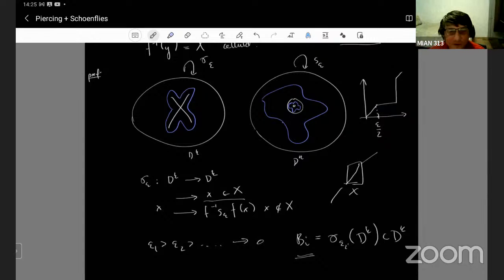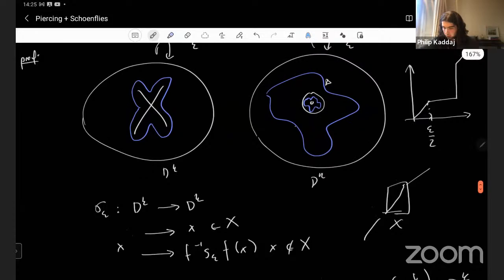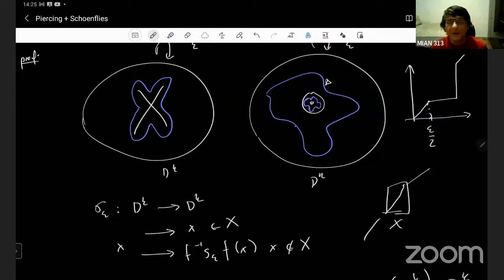What are these blue sets in your picture? So the blue sets on the right are the image of the disk, right? I didn't suppose that it's surjective. And then the second one is what I get by squeezing to get it inside a ball of radius epsilon.